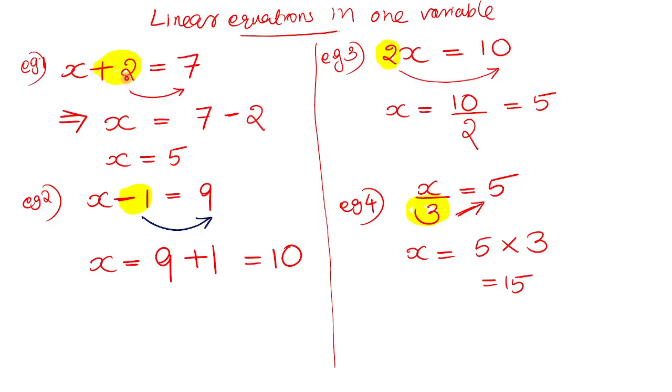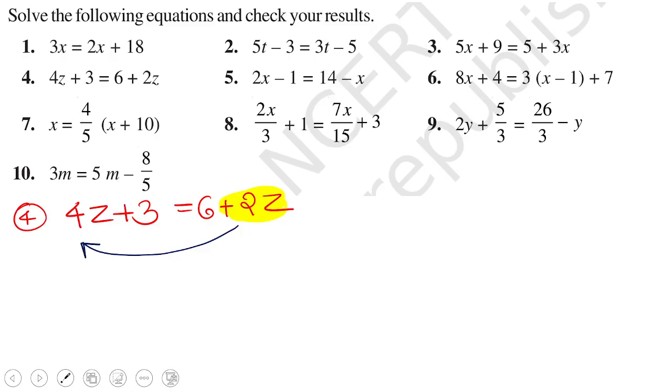So by the same property, the plus 2z going to the other side becomes minus 2z on the left side. 4z is already there on the left side.